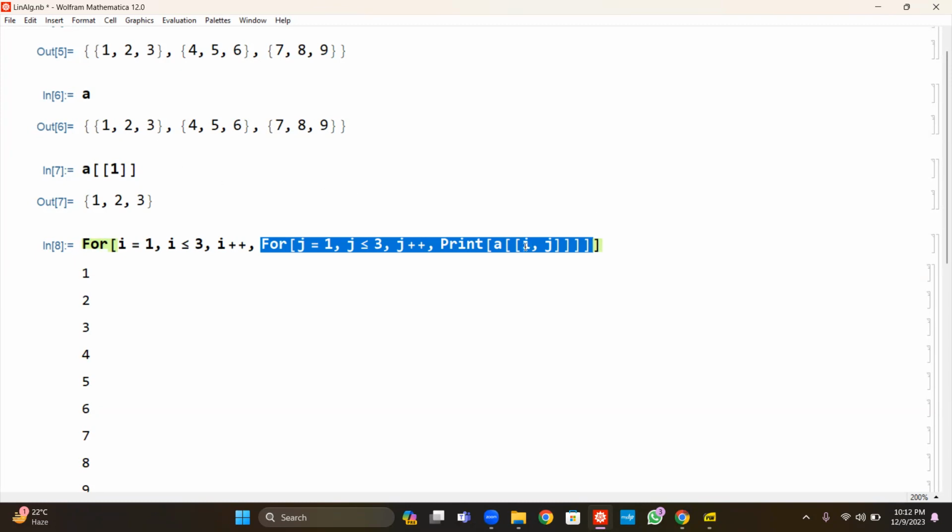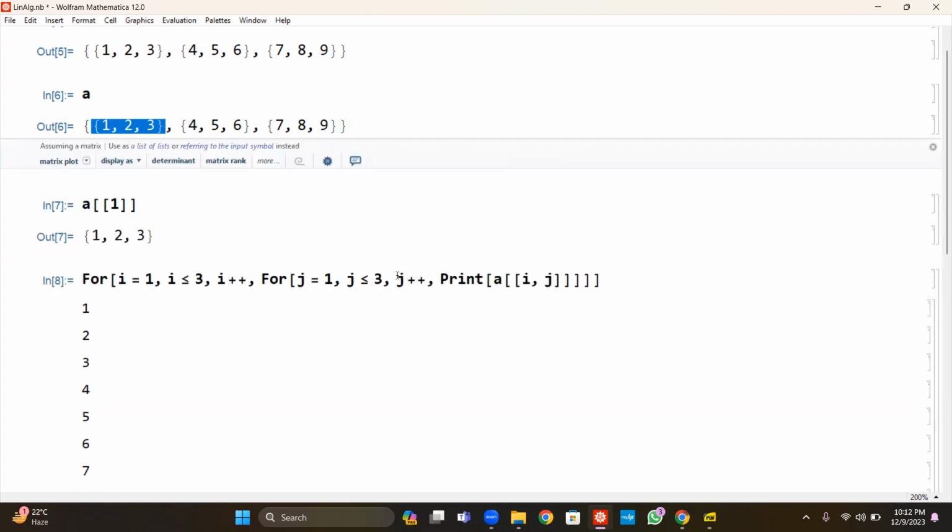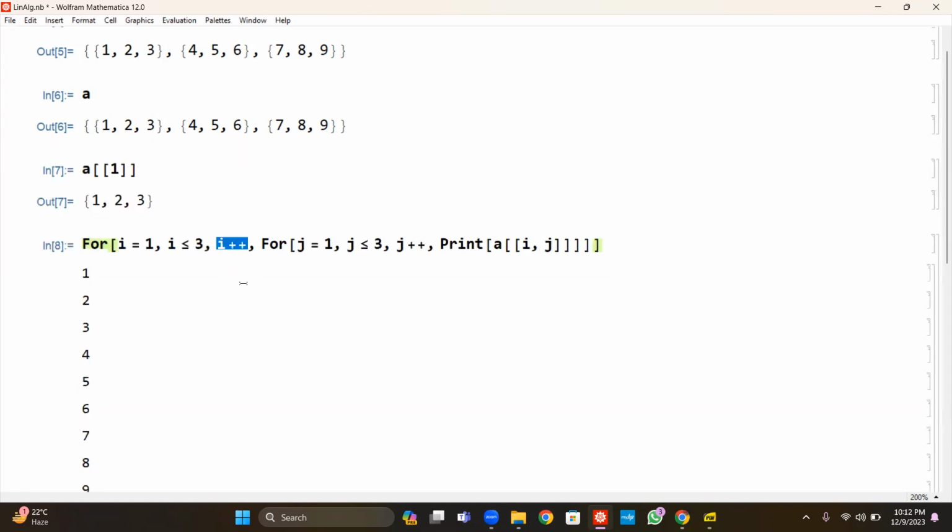Since we are fixing the first index, i equals 1 here, it means we are accessing this first row only, right? And j equals 1 means this guy, j equals 2 means this guy, j equals 3 means this guy. Now, if you increase i by 1 using this increment statement, i becomes 2. And this entire nested For statement runs for i equals 2 again.